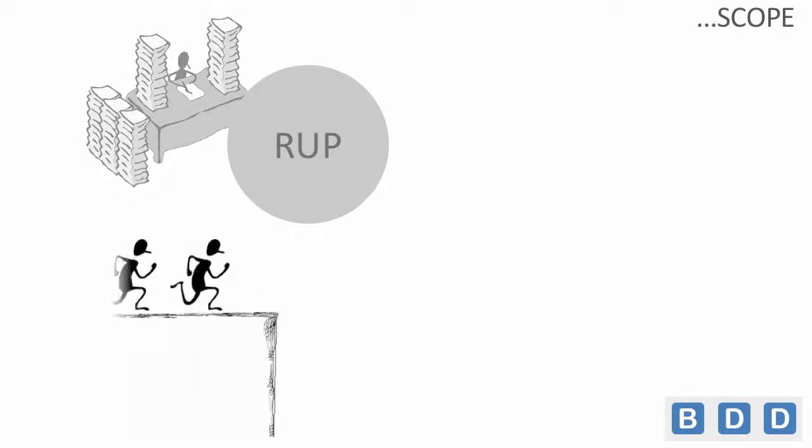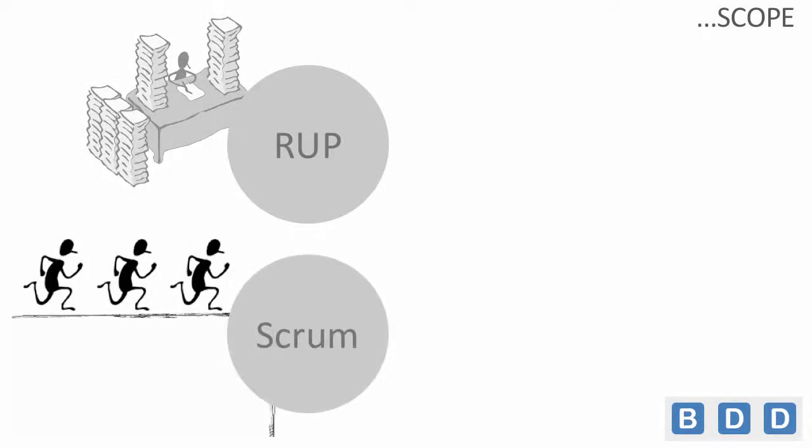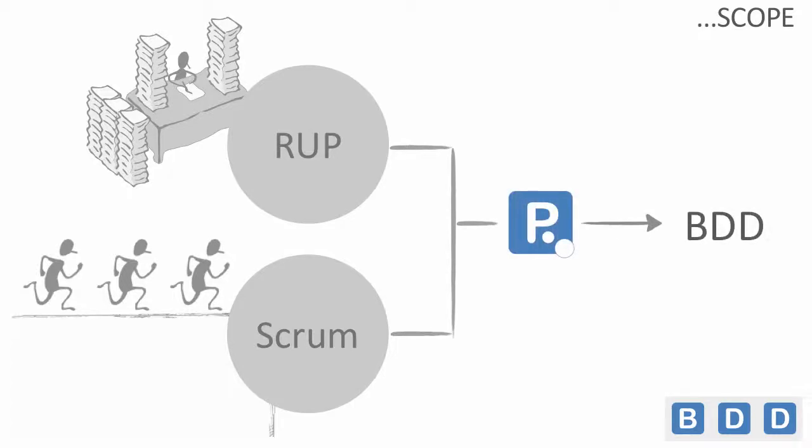This happens more than once when using Scrum or other agile methods. BDD borrows elements from both of these opposites and packages them in a clear and easily applicable method.